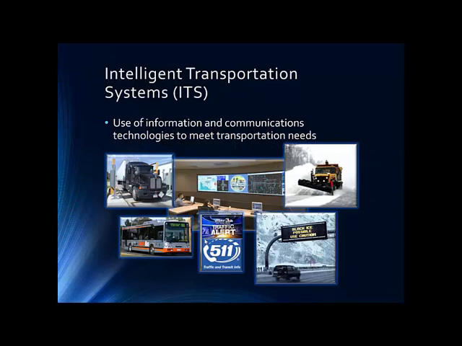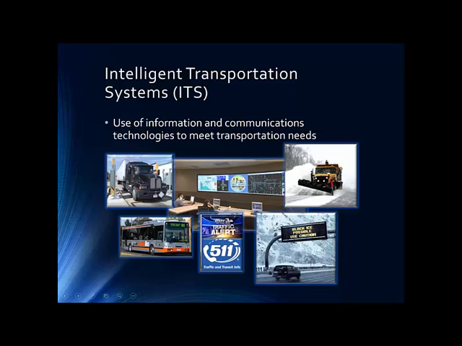Again, ITS lets us use information and communication technologies. In the past, we've used message signs. Now we see much of this more delivered through applications on cell phones. We have traffic monitoring systems.